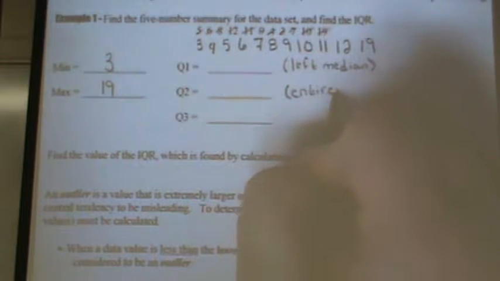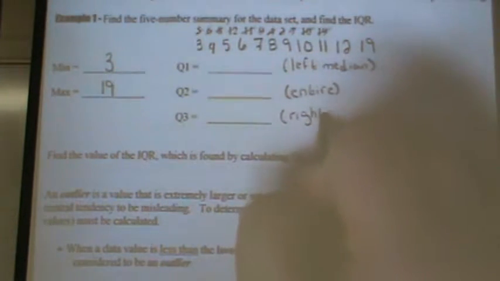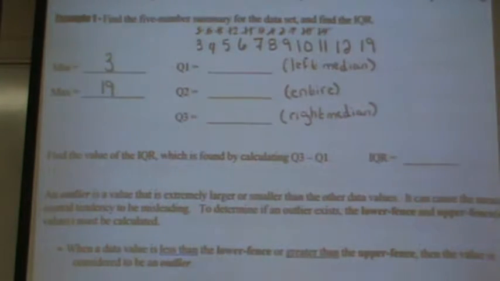So I usually just put entire, so that I know that that's the median of the entire set. And then for Q3, after we found the median of our entire set, we're looking at the right-hand side. So Q3 is right median. And I just use those as a reminder to remember which one I'm looking at.